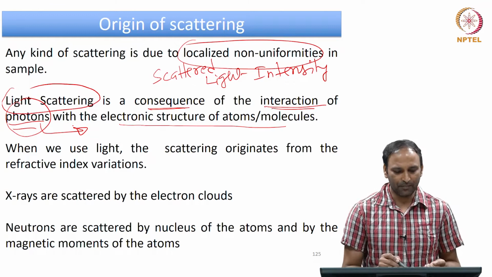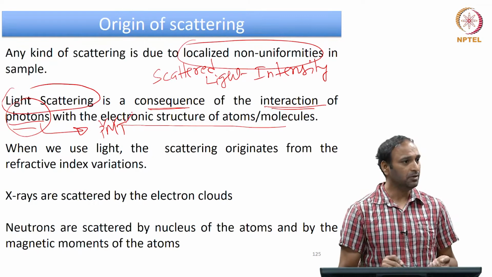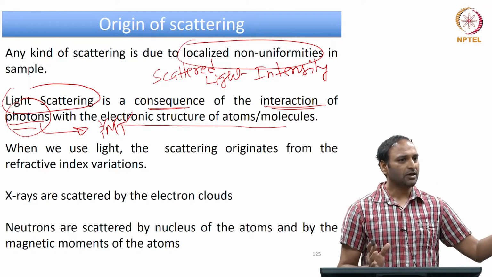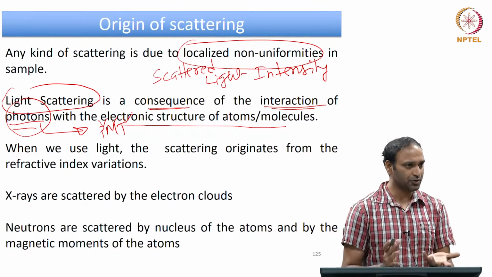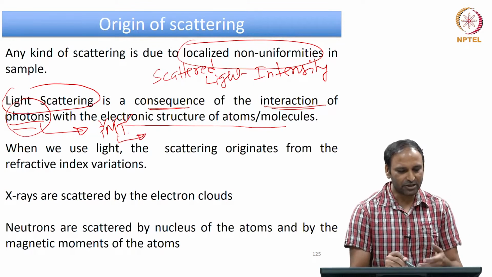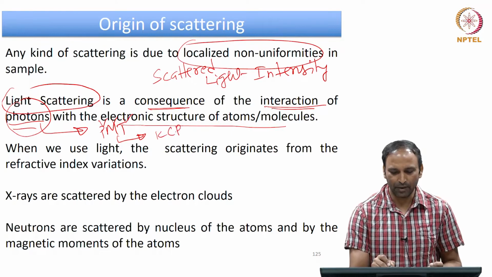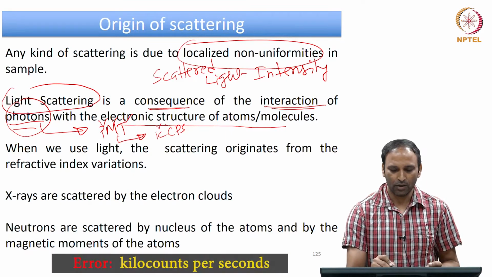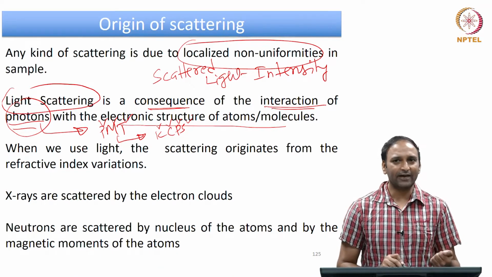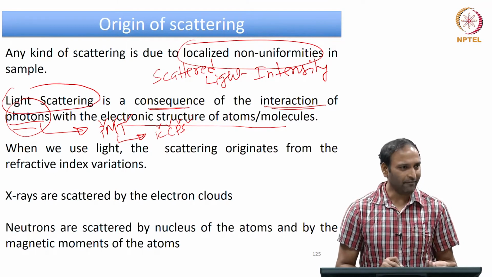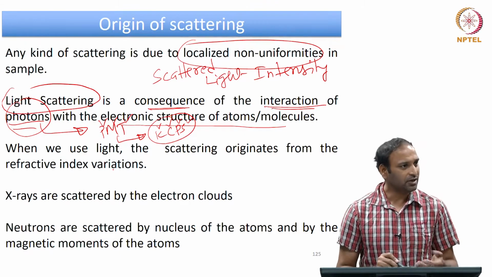Typically people use a PMT, a photo multiplier tube, in which you basically collect the number of photons that fall onto the device, and typically the measurement of photon count or intensity is expressed in KCPS, kilocycles per second. And depending upon the kind of scattering unit that you have, the photon count that you measure varies.